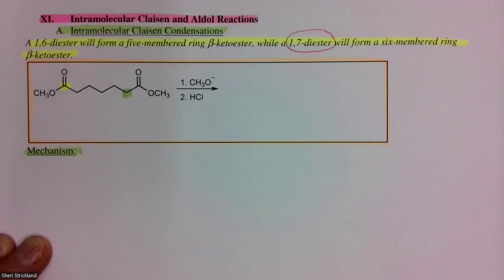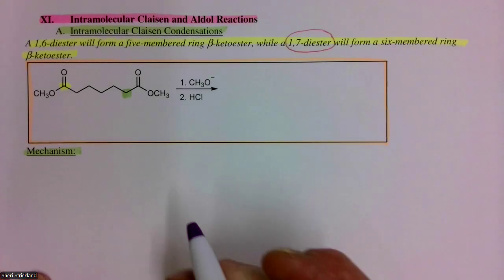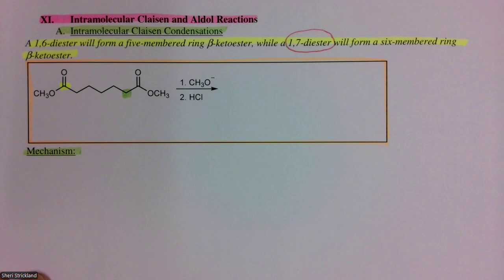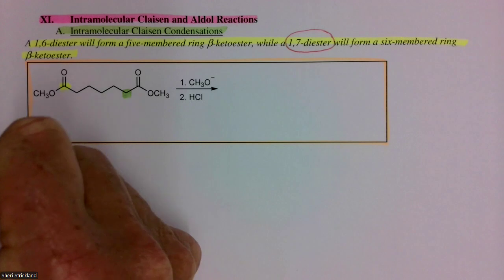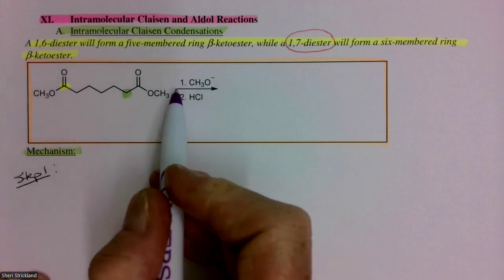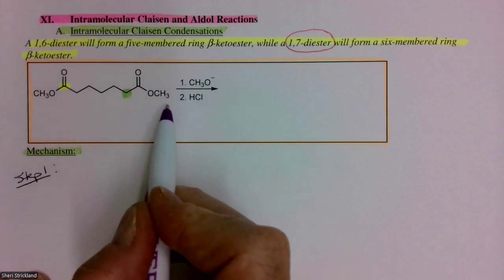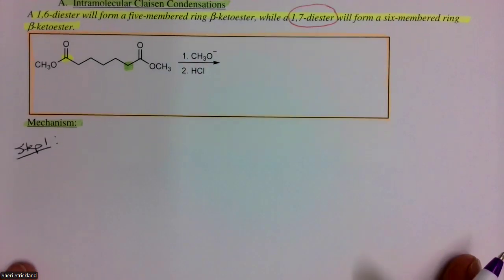So let's see what happens, and then we'll come back and put the product in there. So we've got a couple of steps, and remember that the alkoxide in step 1 has to match this piece right here so that you don't get transesterification.